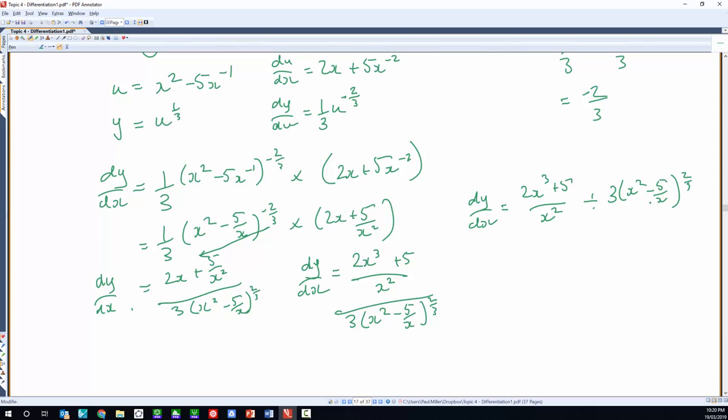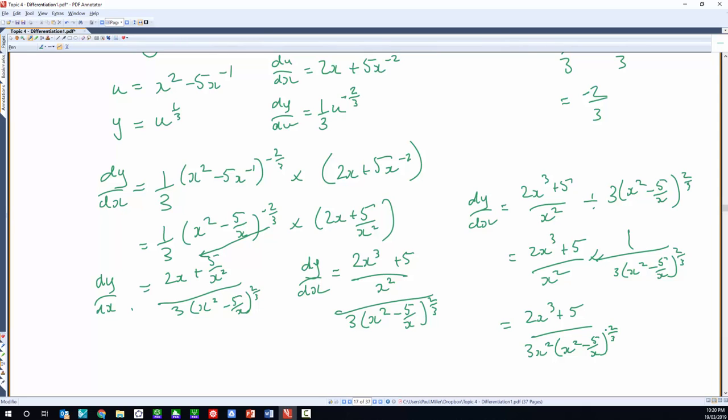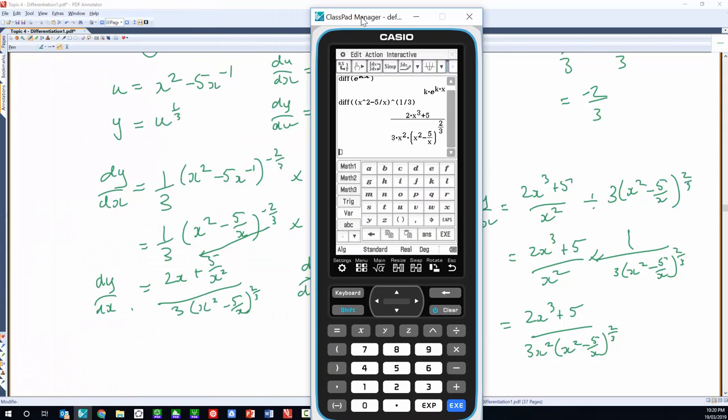Now dividing by a fraction is the same as multiplying by its reciprocal, which means this is the same as 2x to the 3 plus 5 over x squared times 1 over 3 x squared take 5 over x to the 2/3. Right, because when we multiply that out, we're going to get 2x to the 3 plus 5 times 1 is just that, over 3x squared take 5 on x to the 2/3. And I believe that's what the calculator got. Here it comes.